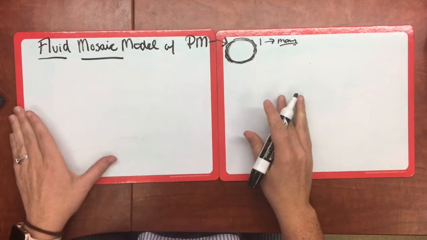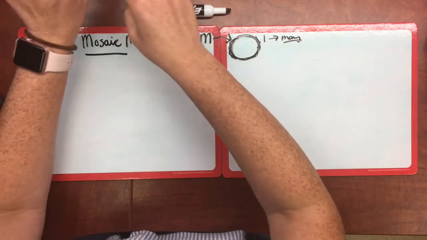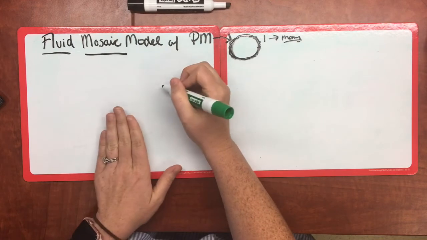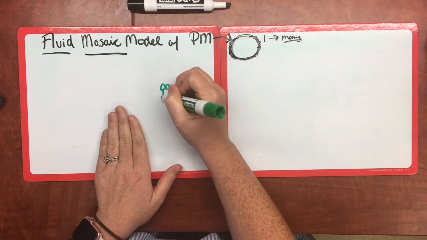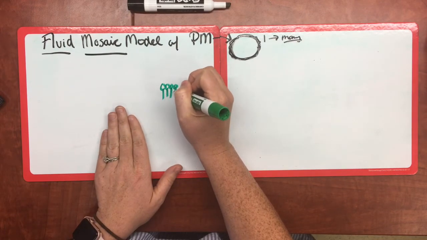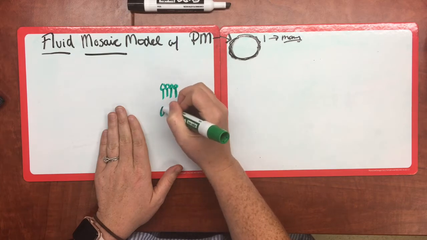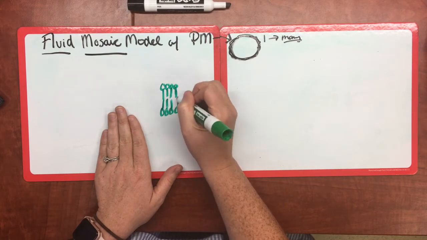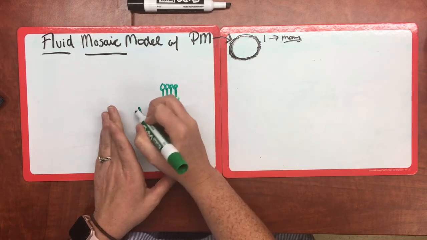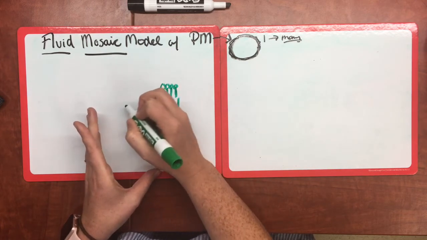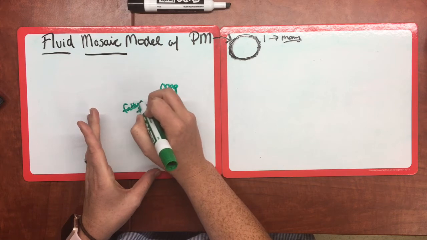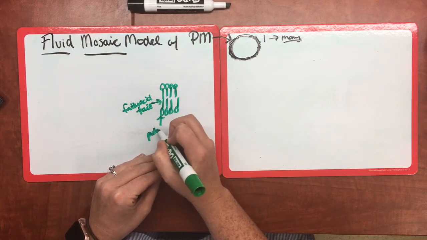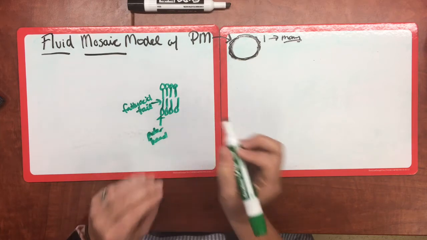So let's make a drawing of what it starts as. So probably the most telltale thing when you see it is the phospholipid bilayer, right? So it's got a fatty acid tail. So these are the tails. It's a fatty acid tail and a polar head, okay?